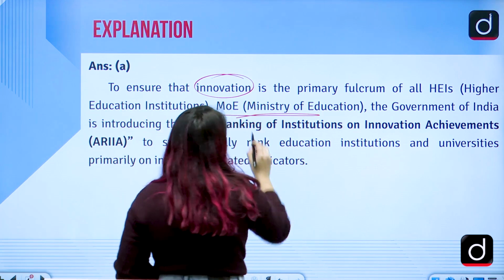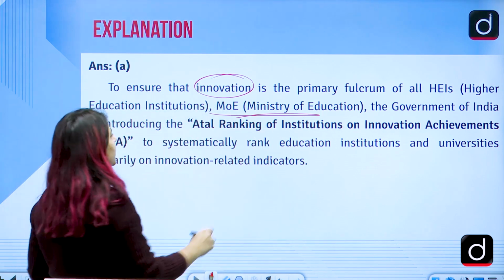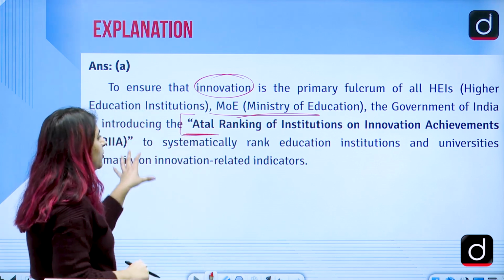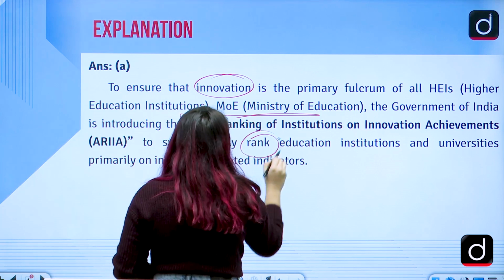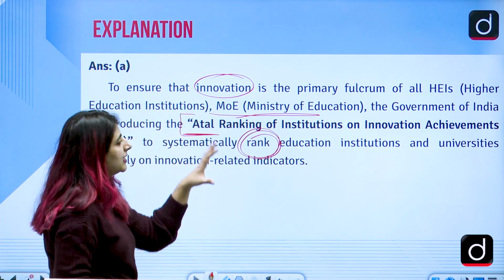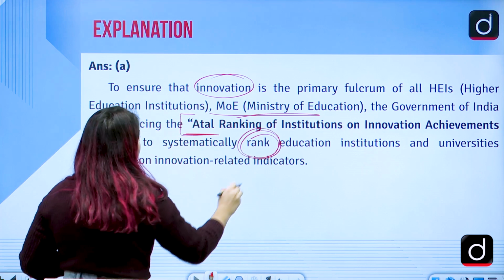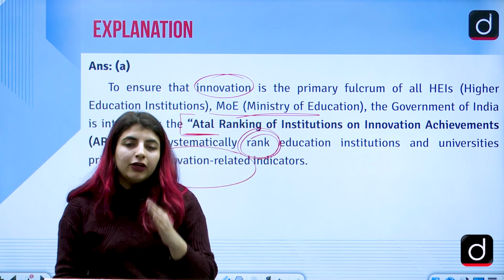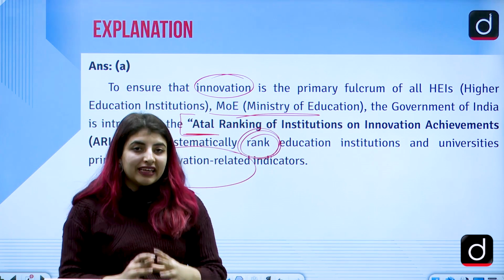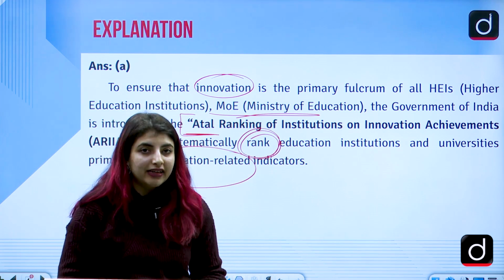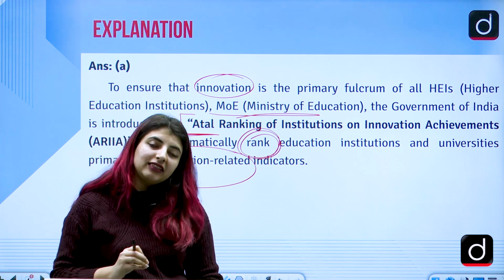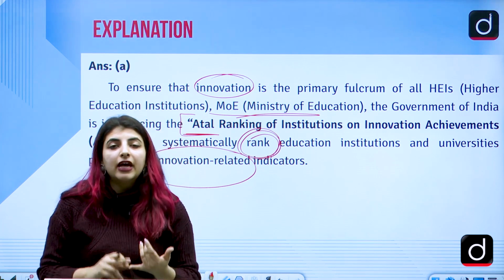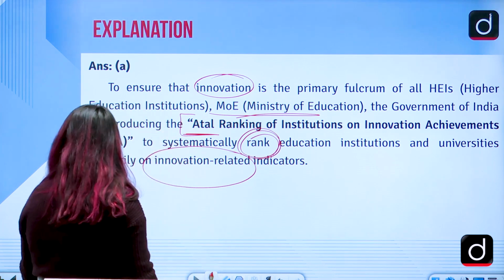The MOE, Government of India, is introducing the Atal Ranking of Institutions on Innovation Achievements to systematically rank education institutions and universities primarily on innovation related indicators. Every year, different kinds of rankings are introduced by the Atal Ranking scheme, and it ranks the institutions based on how innovative in the field of education and research the institution has been.